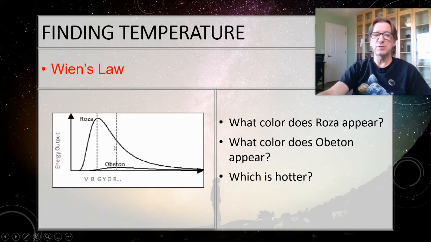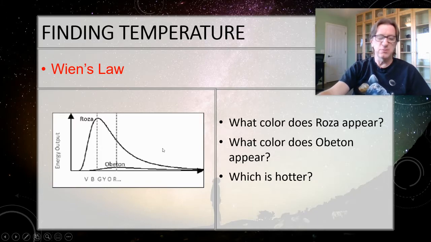Do you see that? Remember, this is just a bar graph. So Overton only has this much, whereas Rosa has this much. But Rosa has even more blue light than it has red light. And so it looks bluish because of that. Overton, even though it doesn't have a whole lot of red light, it has even less blue light, so it looks reddish. Okay? So now you know Rosa is blue and Overton is red.